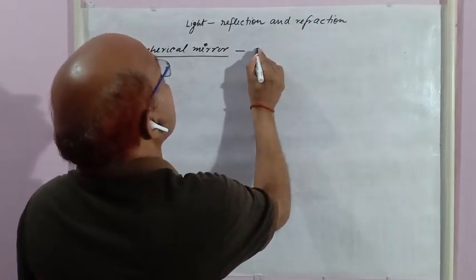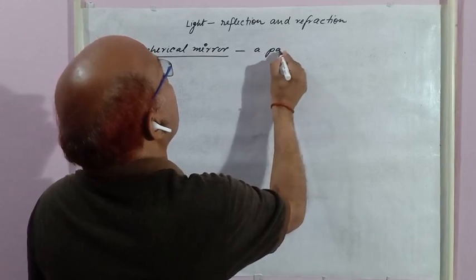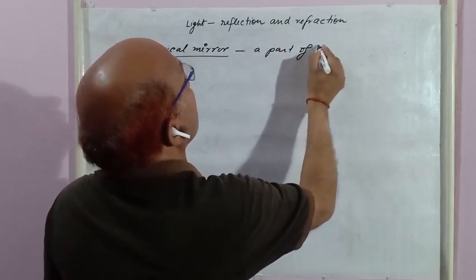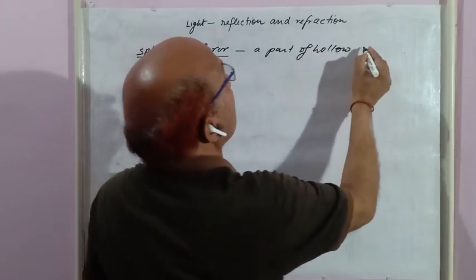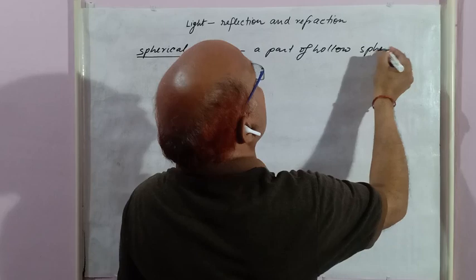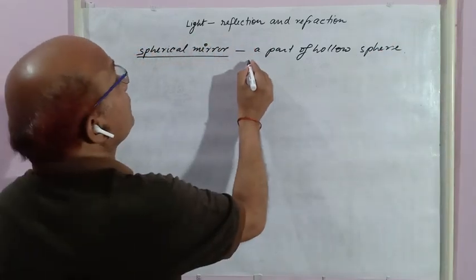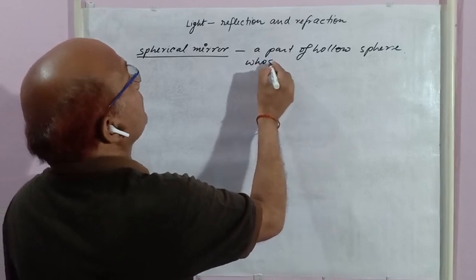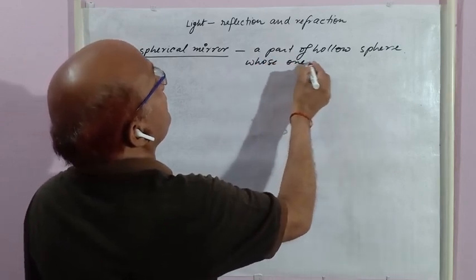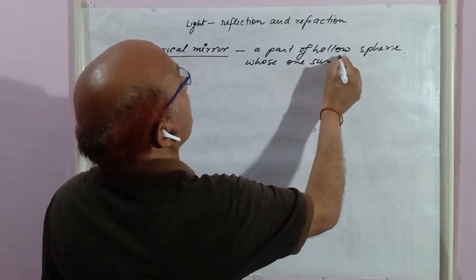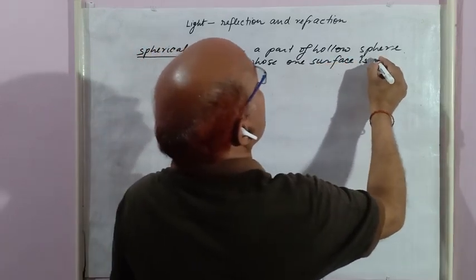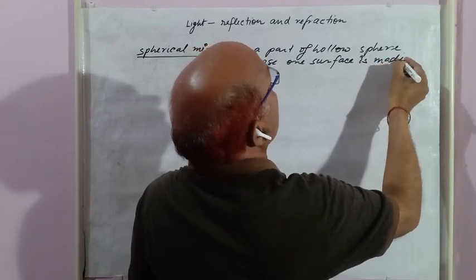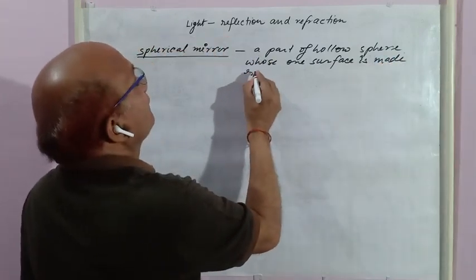It is a part of hollow sphere whose one surface is made reflecting.